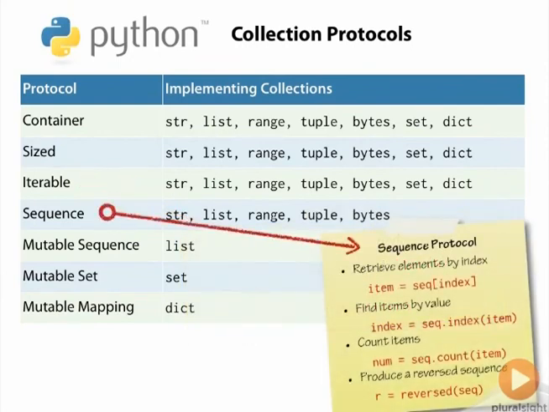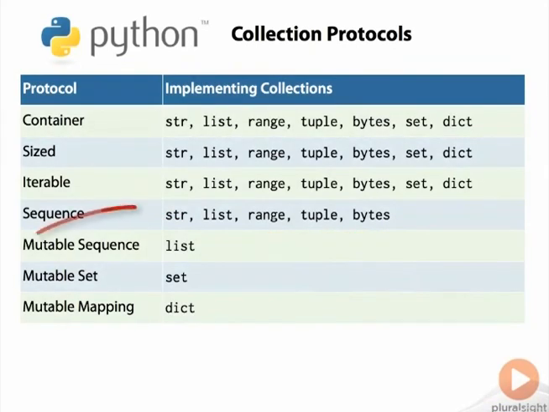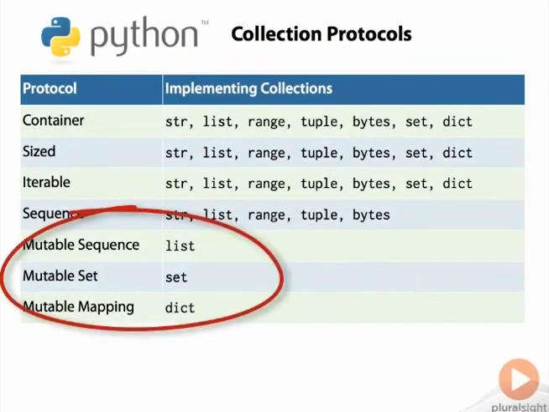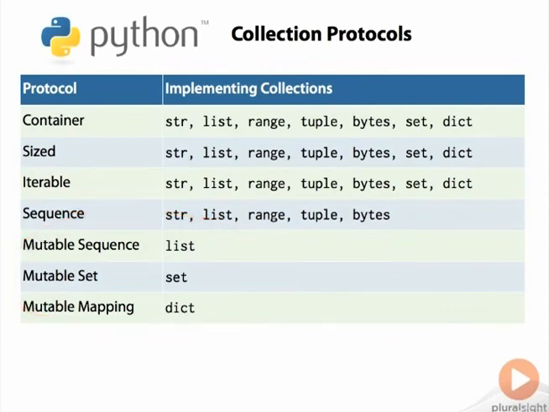The sequence protocol requires that items can be retrieved using square brackets with an integer index, that items can be searched for with the index method, that items can be counted with the count method, and that a reversed copy of the sequence can be produced with the reversed built-in function. We won't cover the mutable sequence, mutable mapping, and mutable set protocols here, since we have only covered one representative of each protocol, so the generality afforded by the protocol concept doesn't gain us much at this juncture.